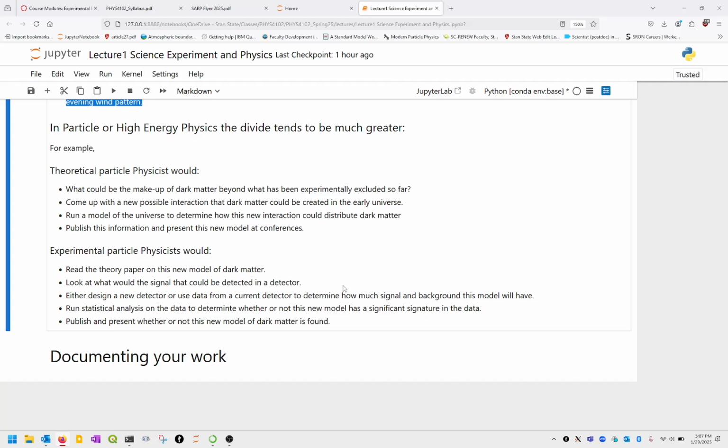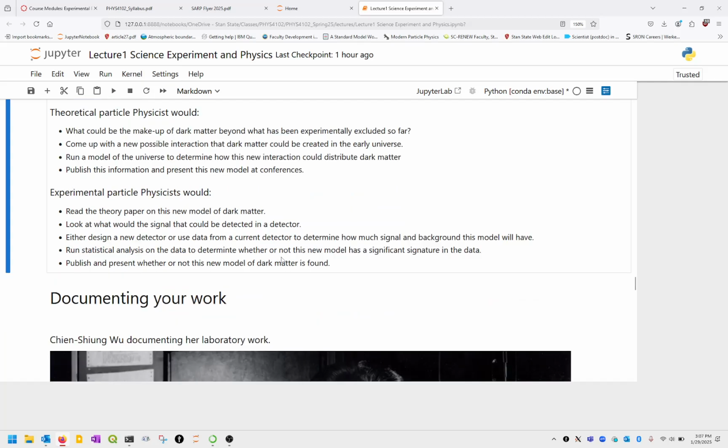This is what happened in theoretical particle physics. But it works well because the skill sets are a little bit orthogonal. An experimental particle physicist would read this paper and see there's a new model of dark matter. Now you start with a hypothesis instead of the question, and look for what kind of signal could be detected with the current detectors or the ones you want to build.